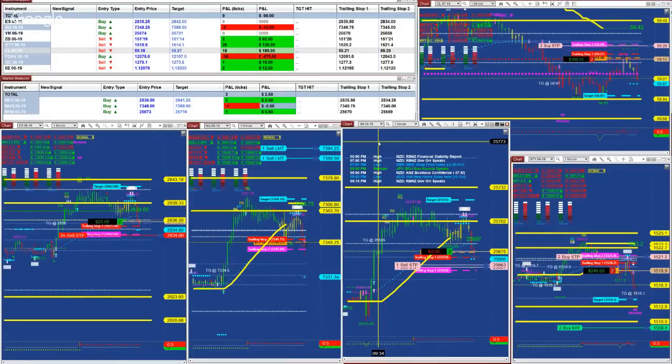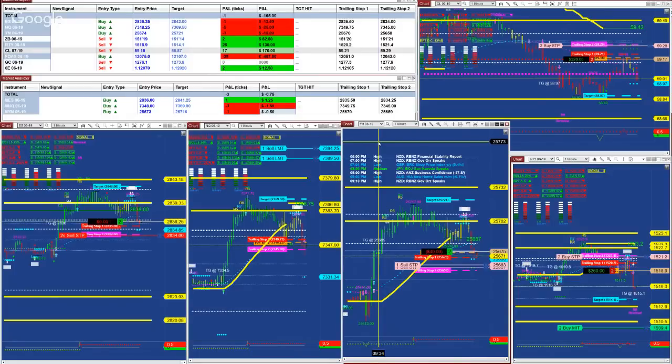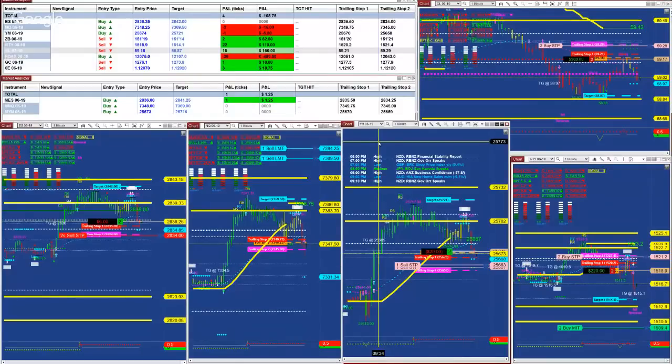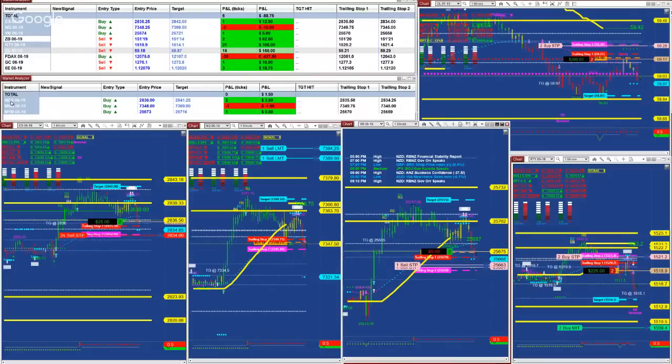Don't let it fool you with the micro account. The micro account is sometimes off 1 tick or 2 ticks from the mini ES. So if you are trying to trade the micro account, as you see here, the entry price is 28.36, where on the mini ES it is 28.36.25.